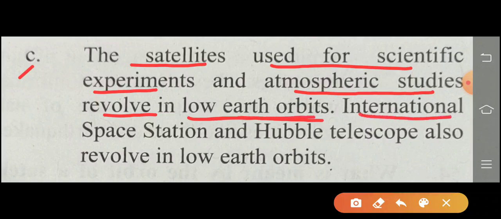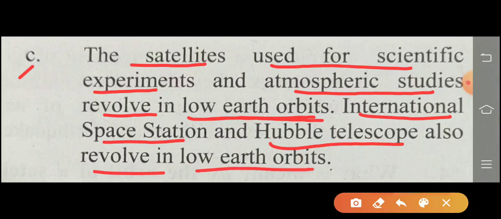Now the International Space Station and, underline, the Hubble telescope, already launched in space, also revolve in low Earth orbit.